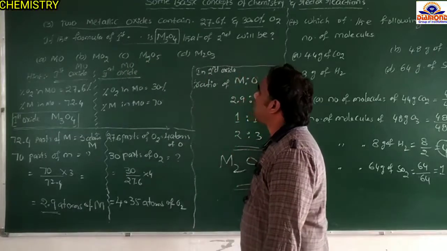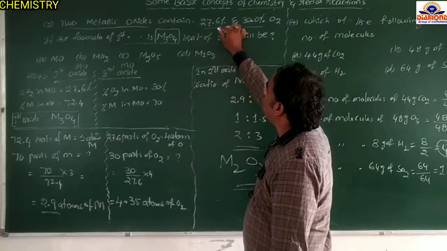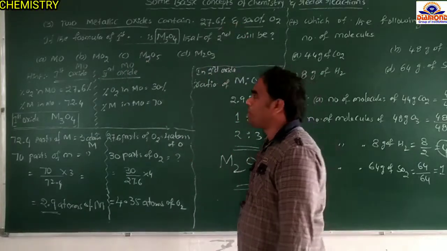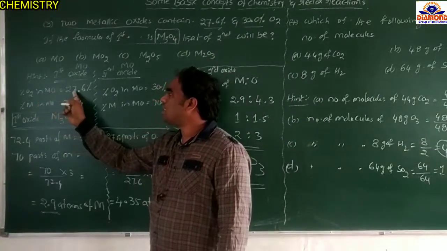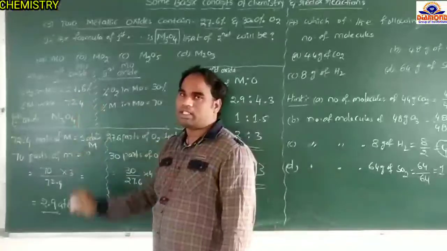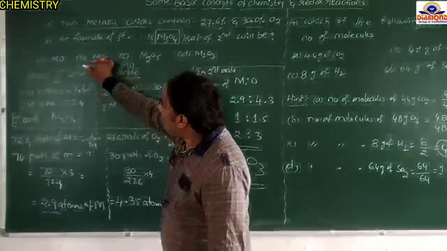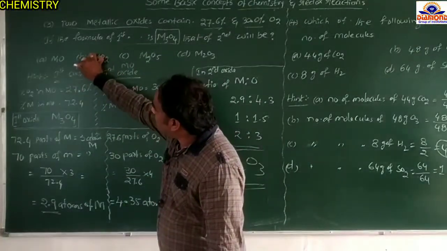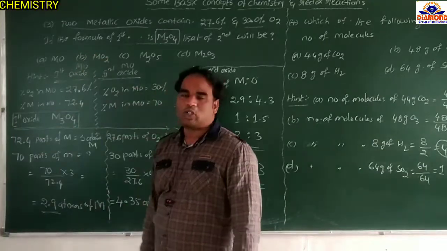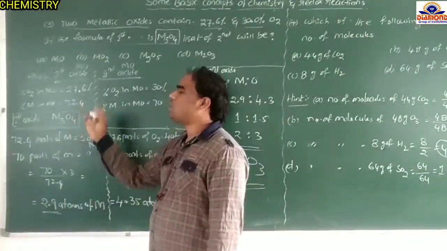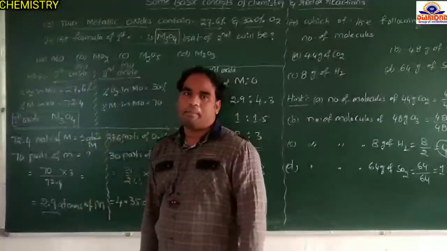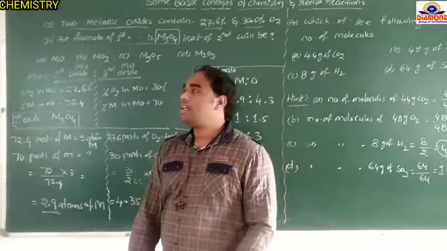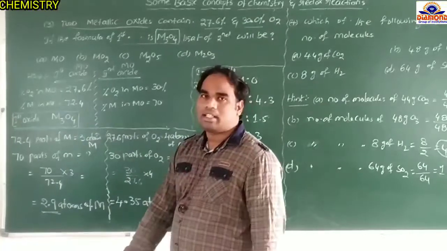In first metal oxide, oxygen percentage is 27.6 percentage. Then percentage of metal in first metal oxide is 100 minus 27.6. Therefore 72.4 percentage of metal is present in first metal oxide.